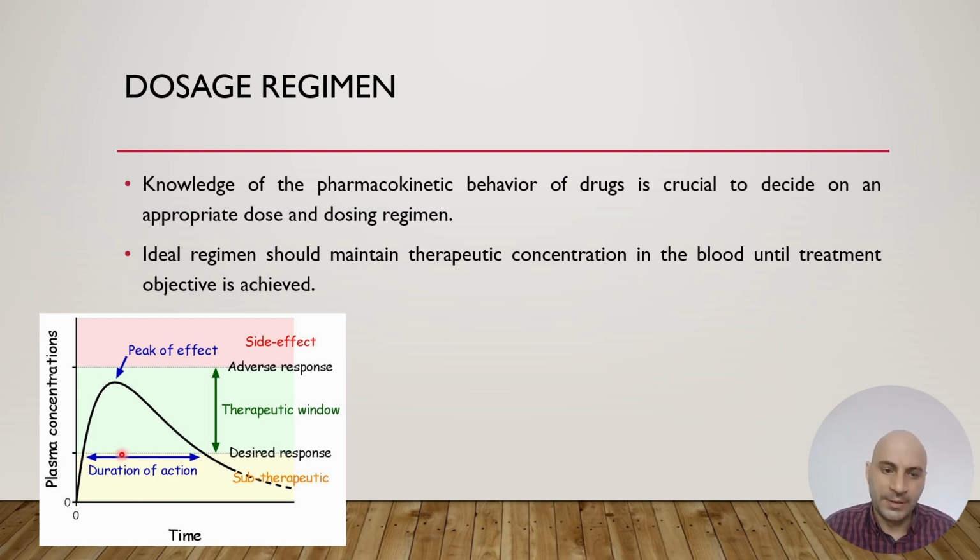and then below a certain level, the drug is not yet effective, below the therapeutic window, and above a certain level, the drug is toxic. Between the non-effective and the toxic, we have the effective window, the therapeutic window, where the drug is exerting the desired effect.